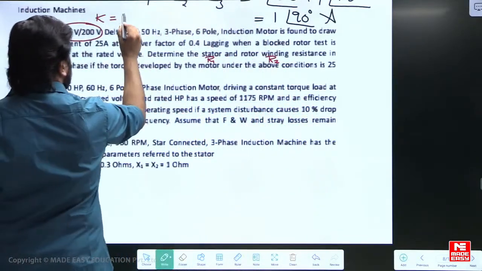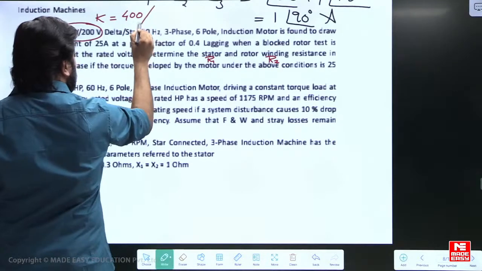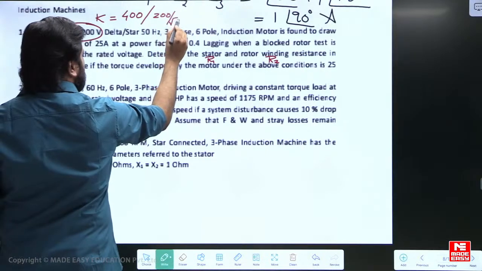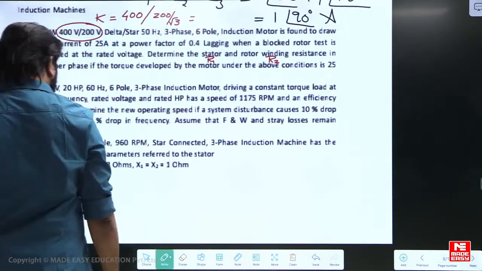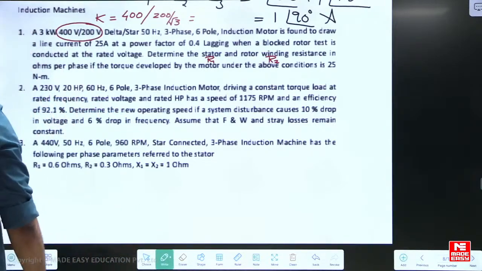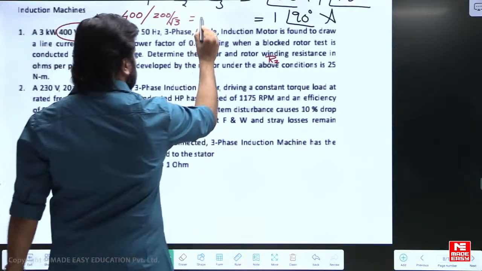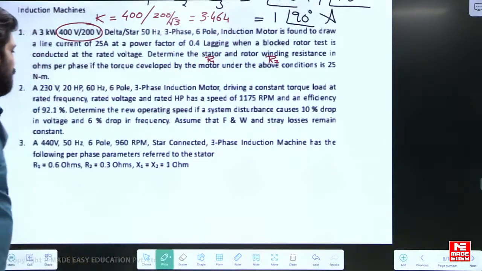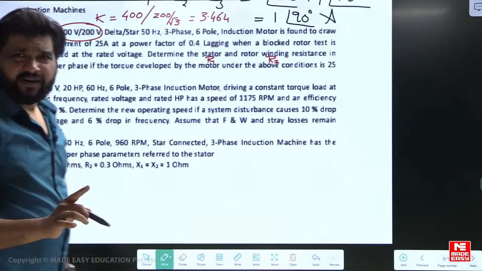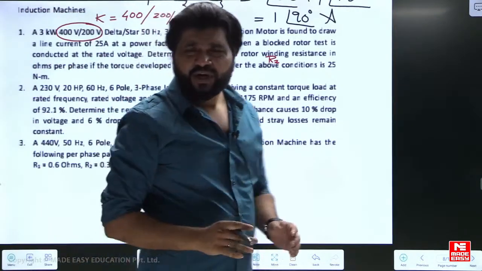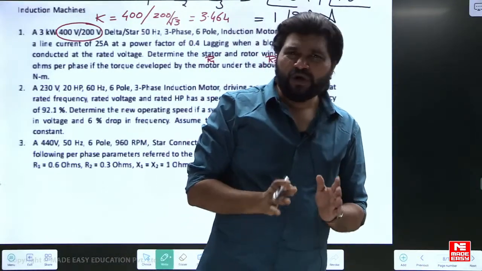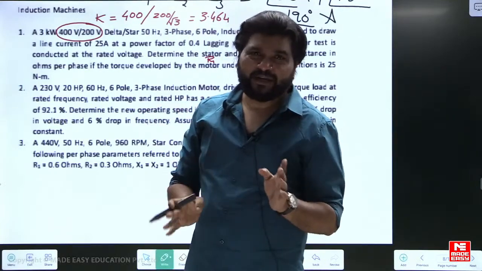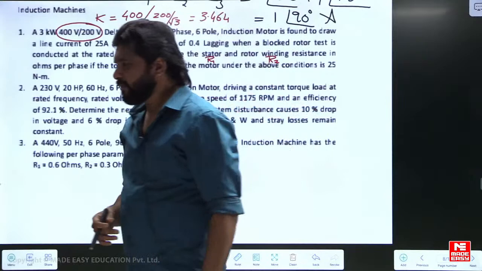So 400 by 200 by root 3, then you will get 3.464. This is K according to the question given to you. We have to use this K now to find out the rotor current using K and to shift the parameters also by using K. Next you will understand that.